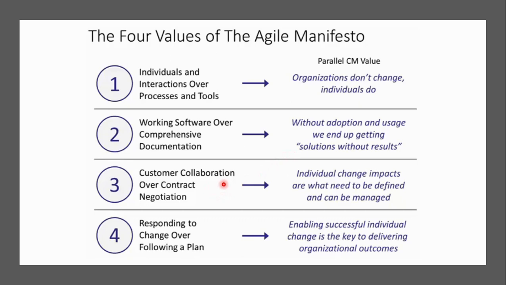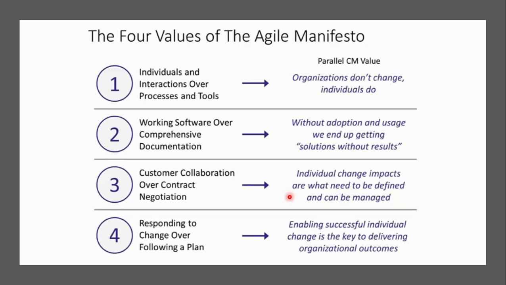Agile again is talking about customer collaboration, more into individual collaboration. Customers means individuals. In your customer's organization, there can be different owners on the other side where you get the requirements. Then again, in change management we talk about individual change. You're collaborating with your customers, maybe for UAT or user training.